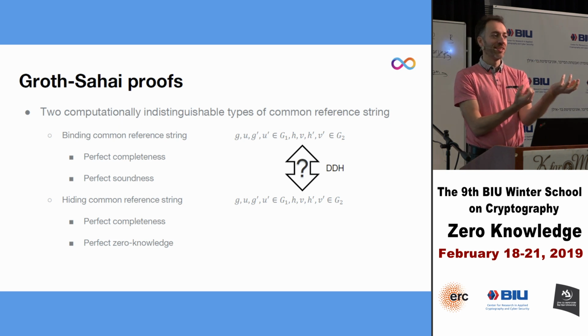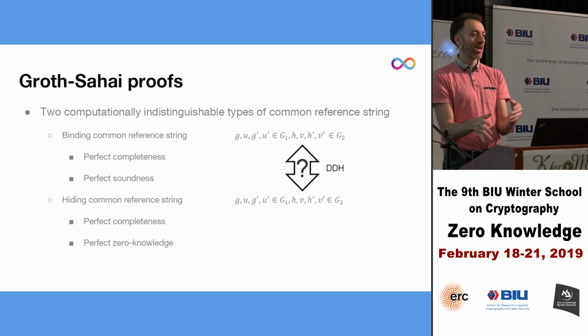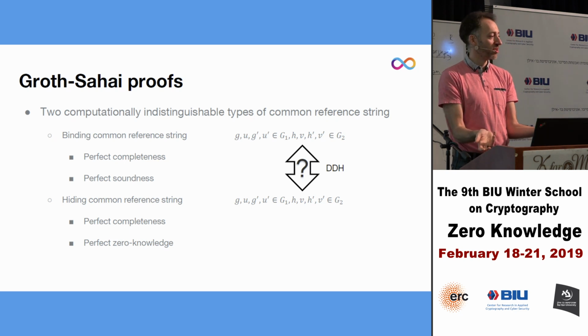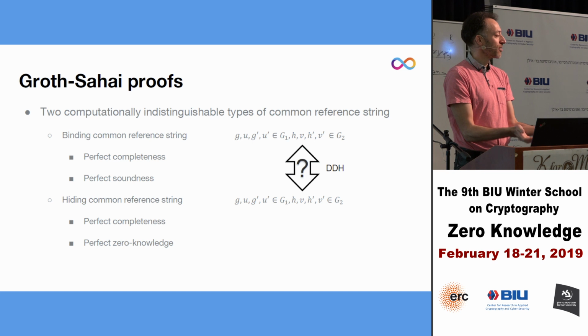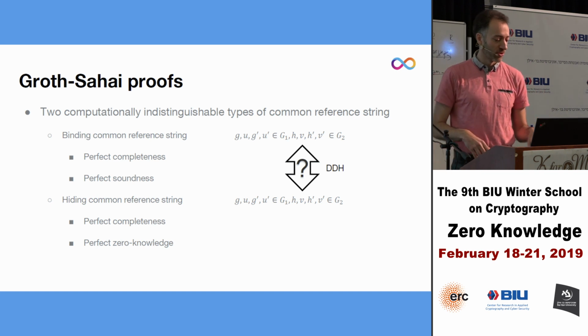It can be either binding or hiding. And then once you have a hiding common reference string, you actually have perfect zero knowledge. So even if you know the trapdoors and things like that, you would not be able to distinguish between real proofs and simulated proofs. So it gives you a slightly stronger flavor of zero knowledge.